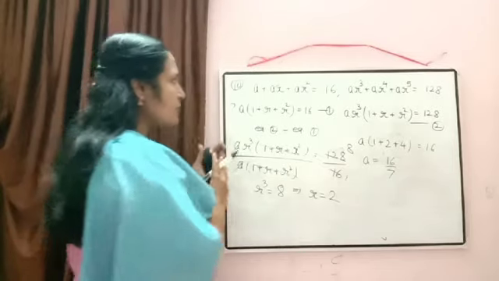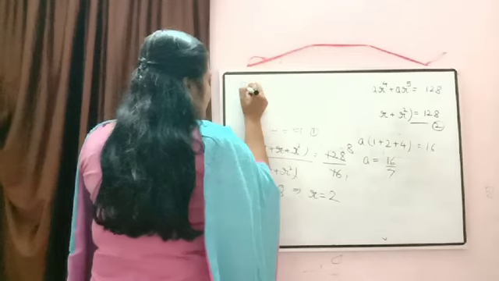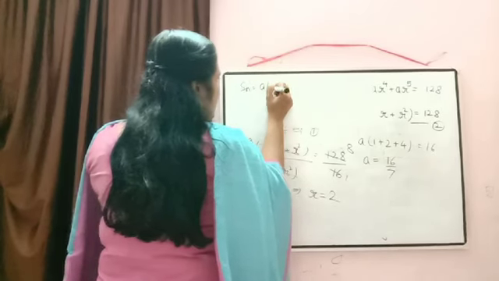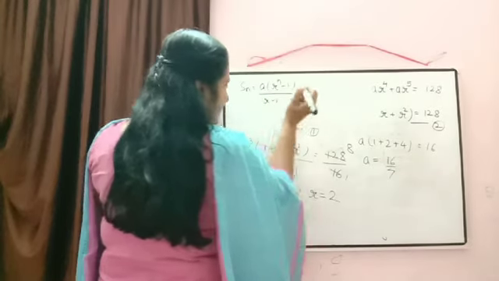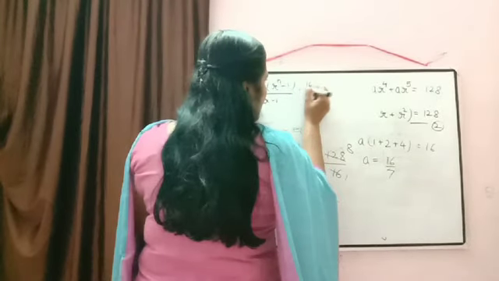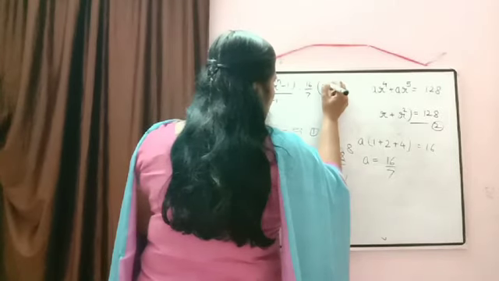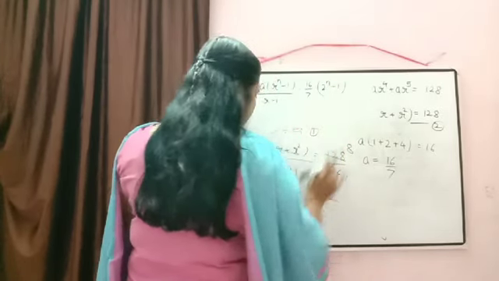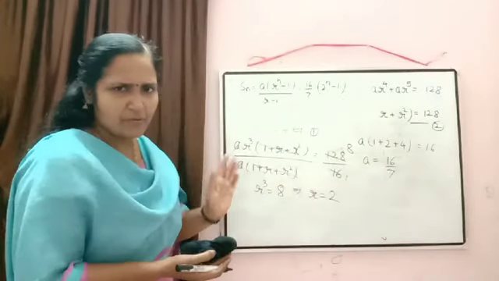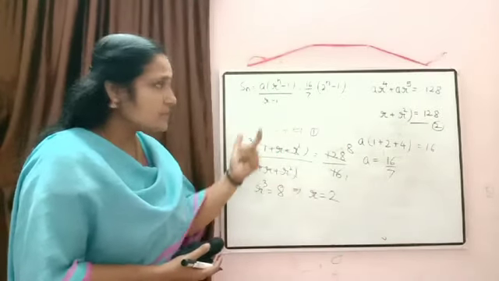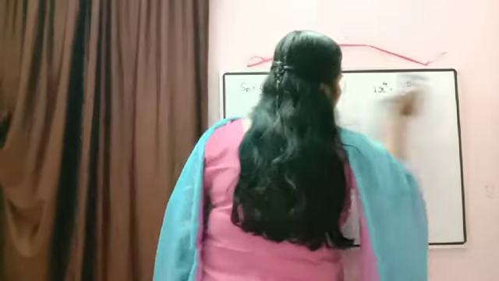Now we can use the formula, Sn = A(Rⁿ - 1)/(R - 1). In place of A we have 16/7, Rⁿ will be 2ⁿ - 1 divided by 2 - 1, so that will be equal to 1, we don't have to write that. This formula, this question is clear? Okay. Now we can check the next question.